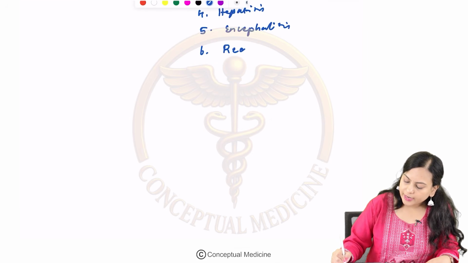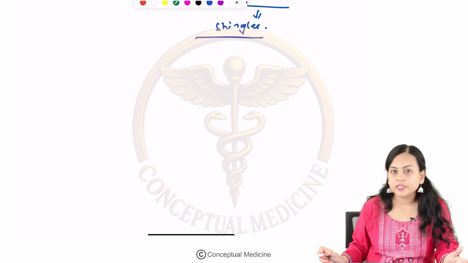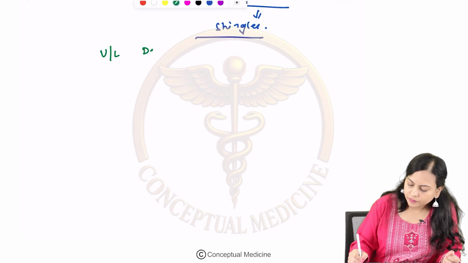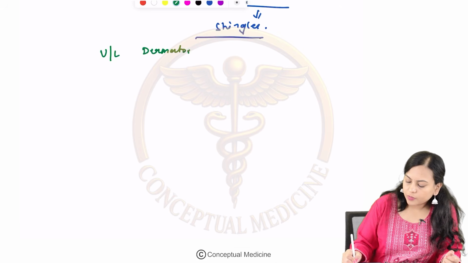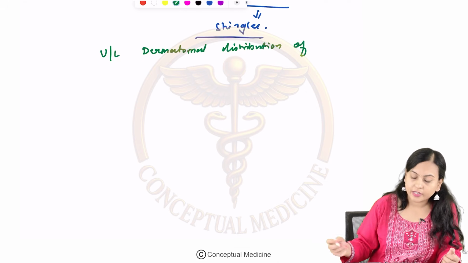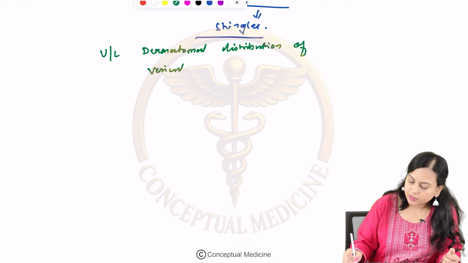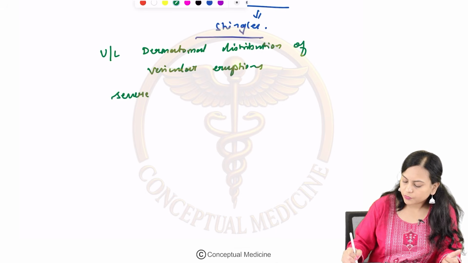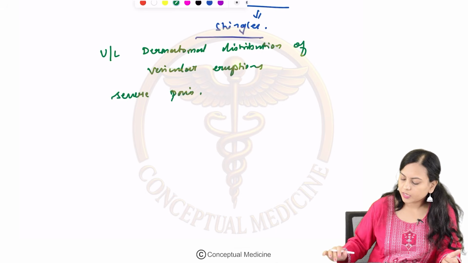So reactivation causes shingles. Now what is this shingles? In shingles, you will have a unilateral dermatomal distribution of vesicular eruptions, and this will be associated with severe pain also. Okay, yes.